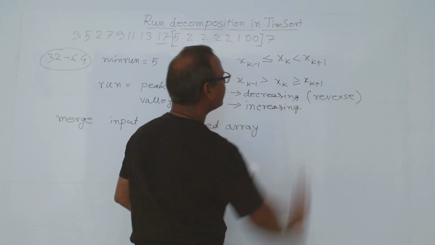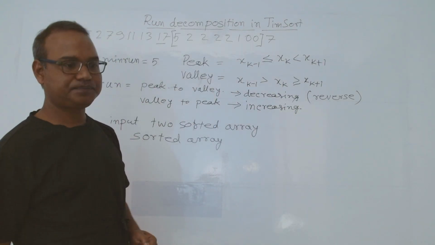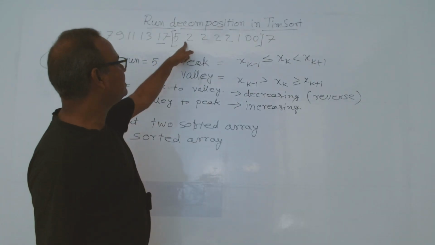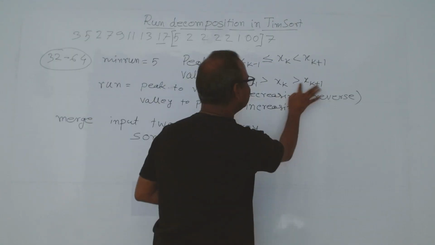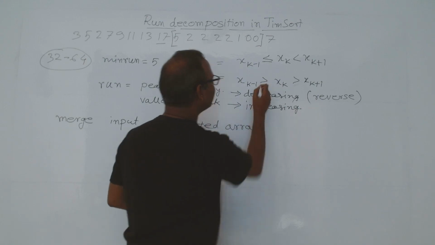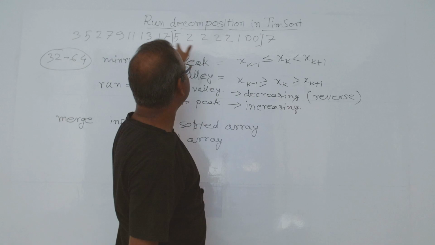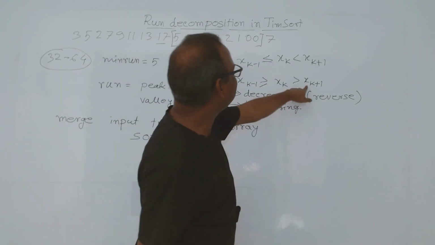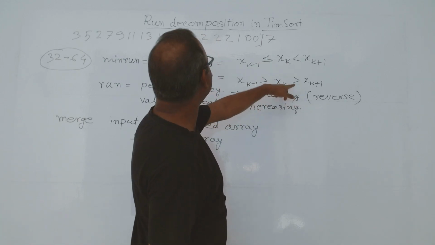xk is a valley if xk minus 1 is greater than or equal to xk, that is fine, and xk plus 1 should be strictly greater.